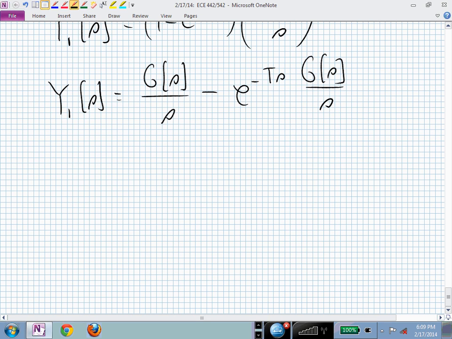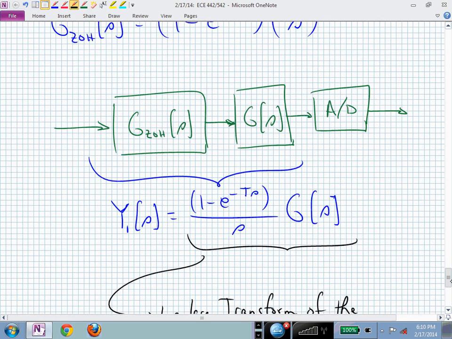Now, what we want to do is sample that and then take the Z transform of those samples. That's what we need. The sampling is because of this A to D.